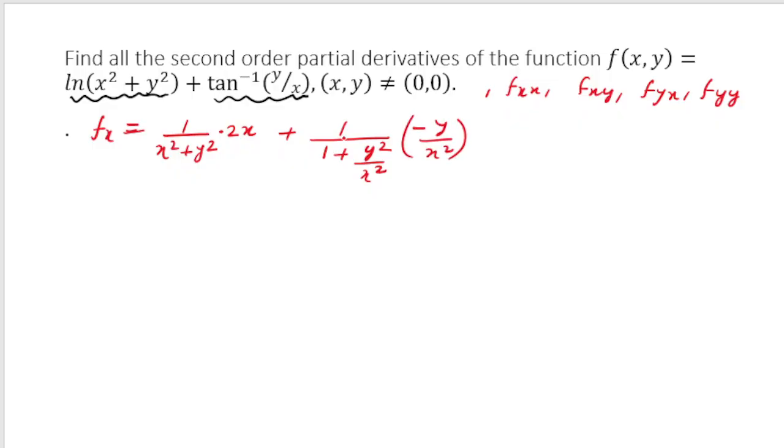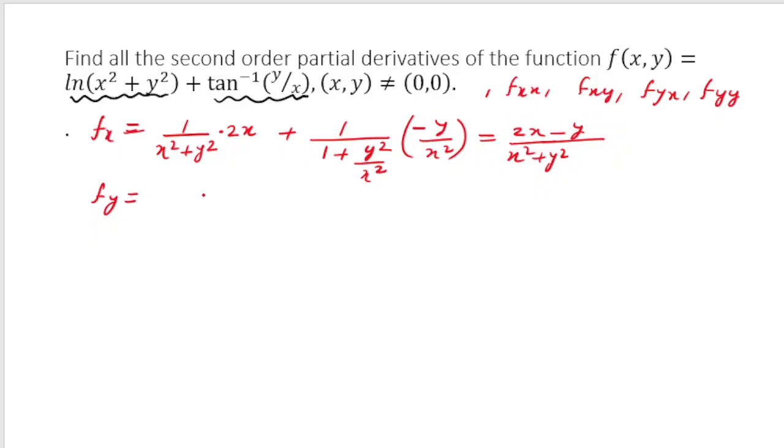I hope you know how to differentiate. This will give me 2x/(x² + y²), and here we will have x² in the numerator, so it will cancel, and I will get (2x − y)/(x² + y²).